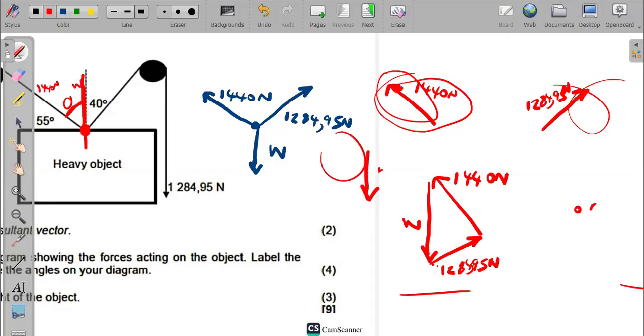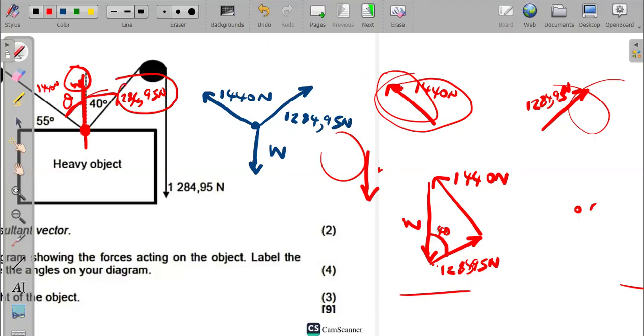Same applies here: the 40 degrees we have been given is the angle between the weight and the 1,284.95 Newton force.